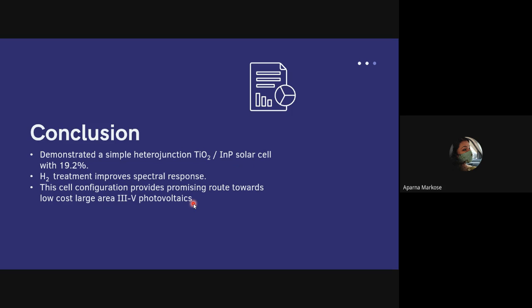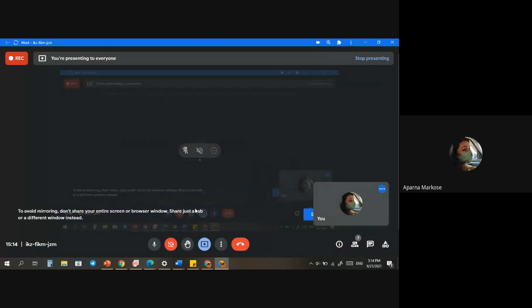So for low cost large area photovoltaics, this paper is contributing a lot. Thank you, sir.